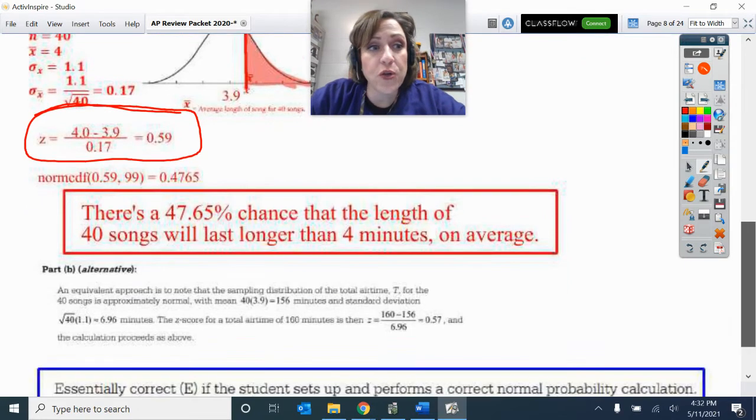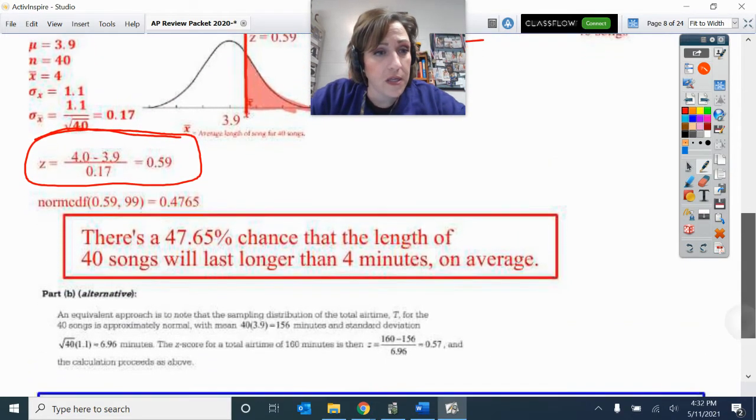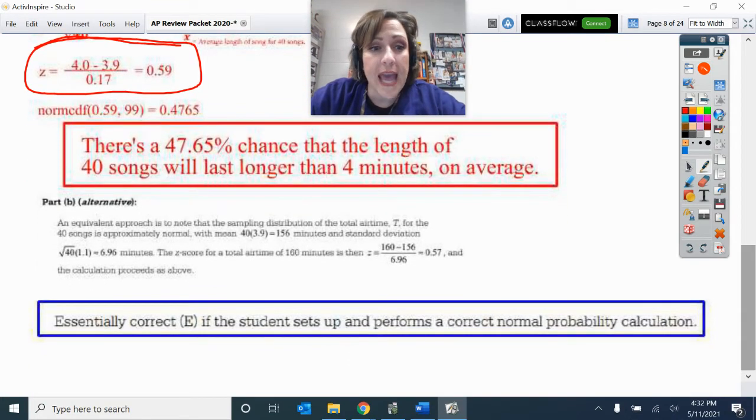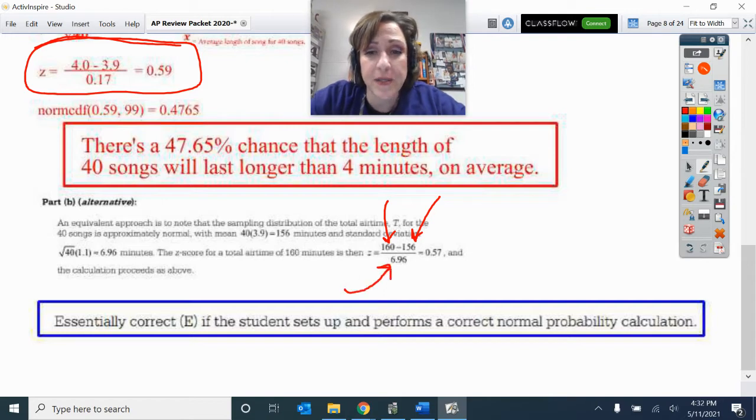Now, you could have done everything in terms of minutes. If you had done this, and this was acceptable, then you multiplied everything by 40. So that became 160. 3.9 times 40 is that, and your 0.17 times 40 is that.